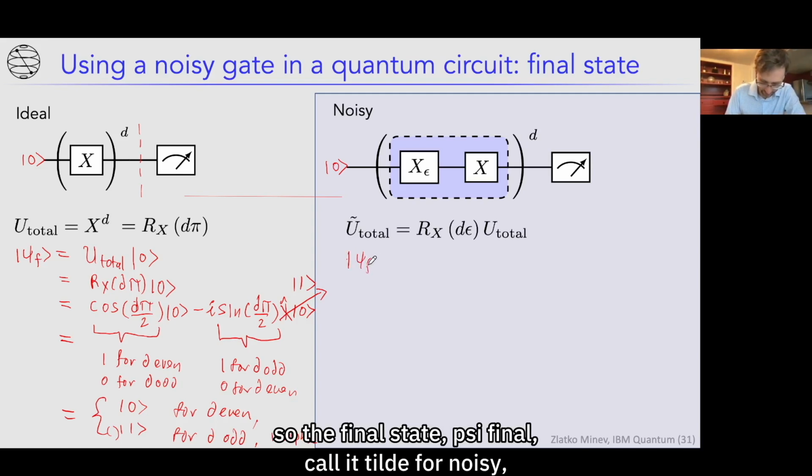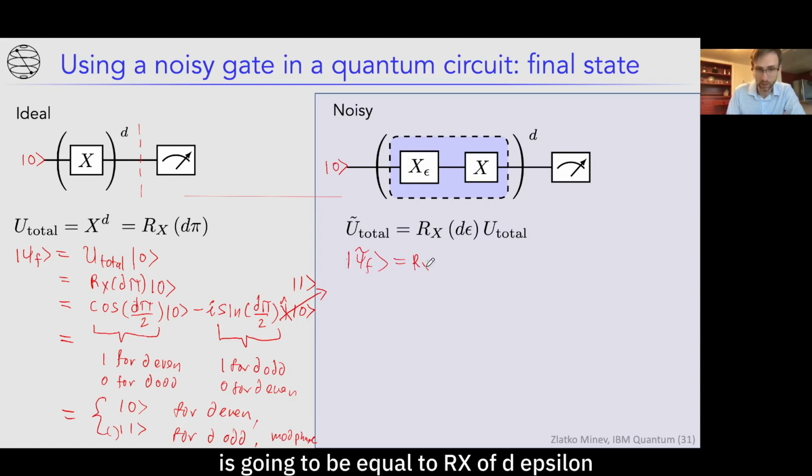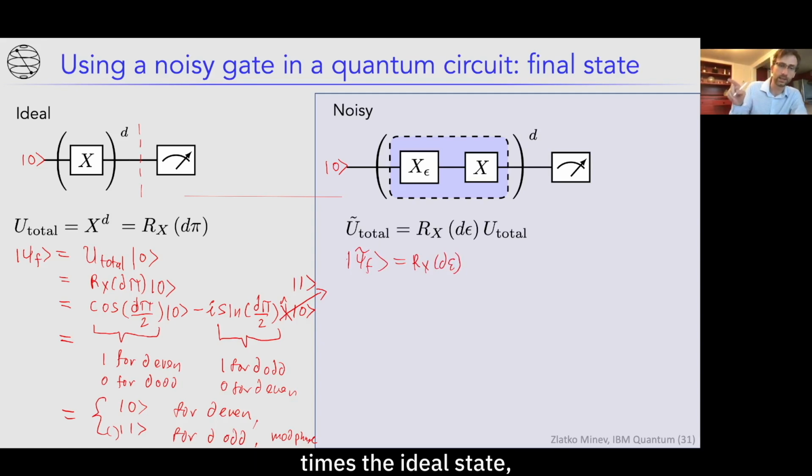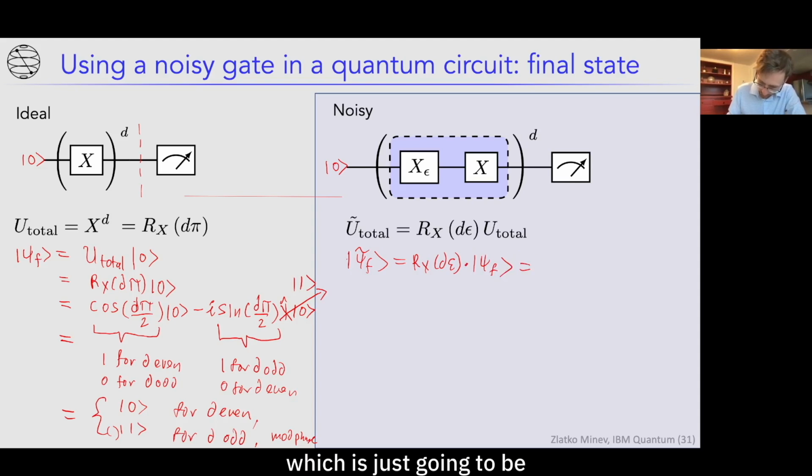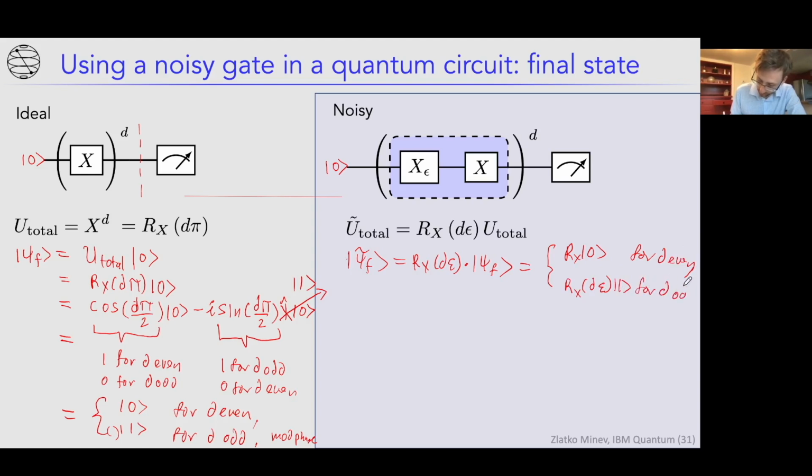So the final state, psi final, call it tilde for noisy, is going to be equal to Rx of d epsilon times the ideal state, which we now know is, let's say, psi final, which is just going to be either Rx acted on 0 for d even, or this Rx of d epsilon acted on 1 for d odd.